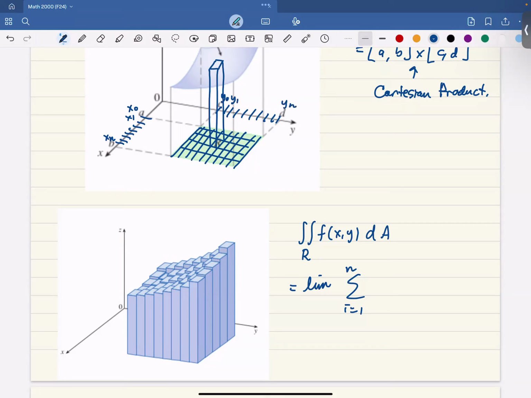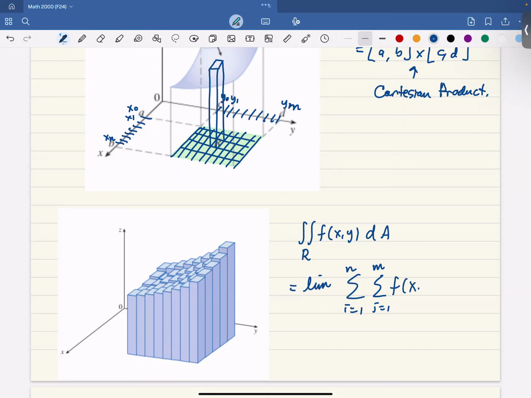And so when we put everything together, we're going to have the sum in the i's. We're going to have the sum in the j's. And maybe I should call this ym, otherwise I'm assuming I have the same number of partitions in the x direction as the y direction.